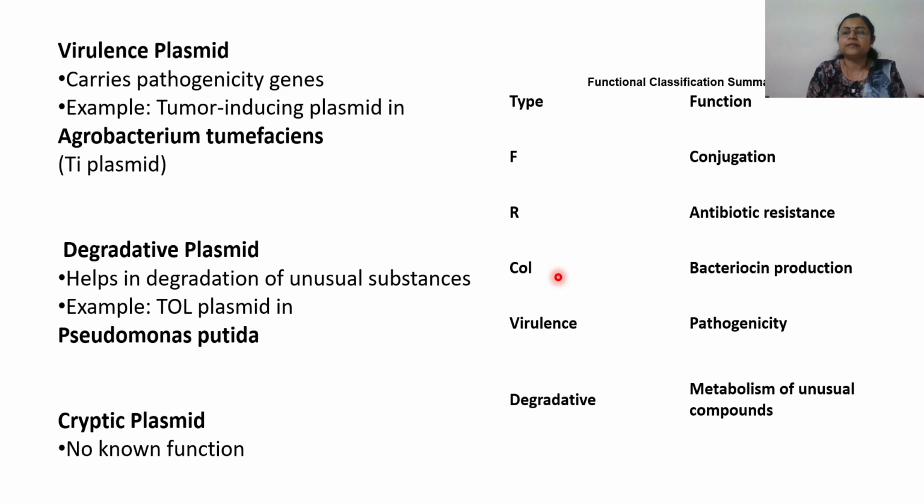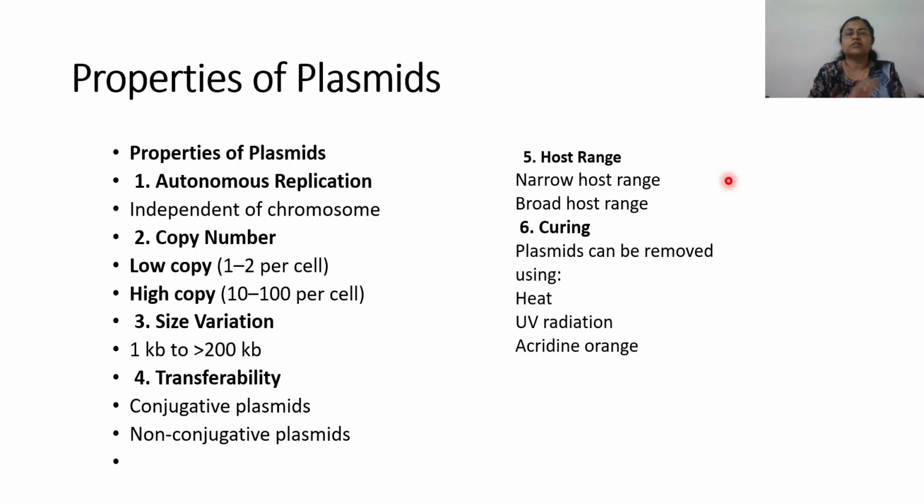The organism which possesses a col plasmid has the ability to produce bacteriocin. Then virulence plasmids, if present in the organism, make the organism pathogenic in nature, having the ability to cause disease. Degradative plasmids, if present in the organism, allow the organism to metabolize certain unusual compounds. In this way, there are different types of plasmids and their functions.